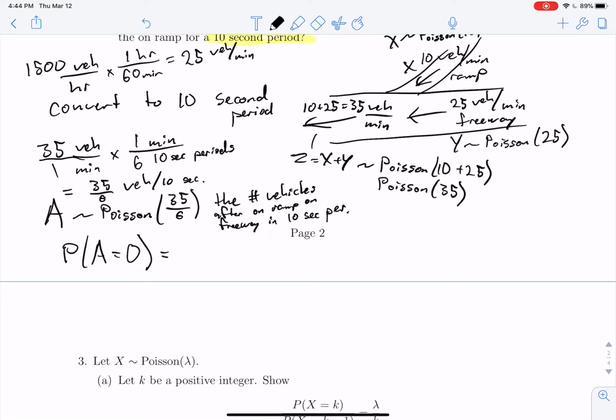We have e to the negative 35/6 times 35/6 to the 0th power here.